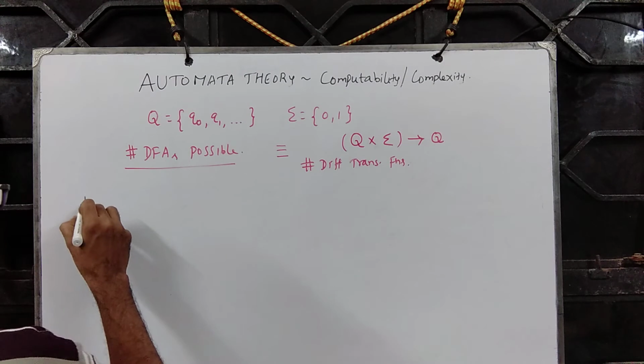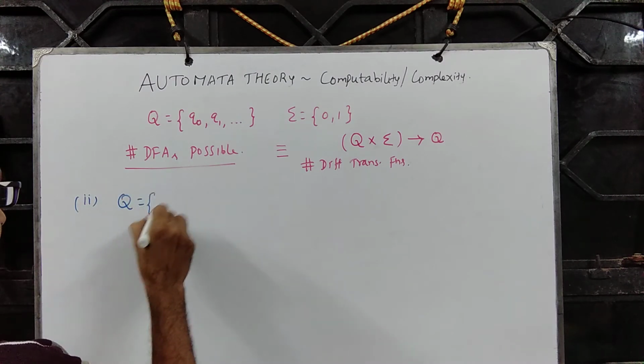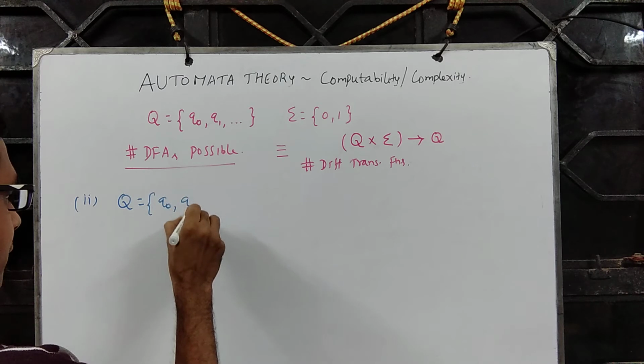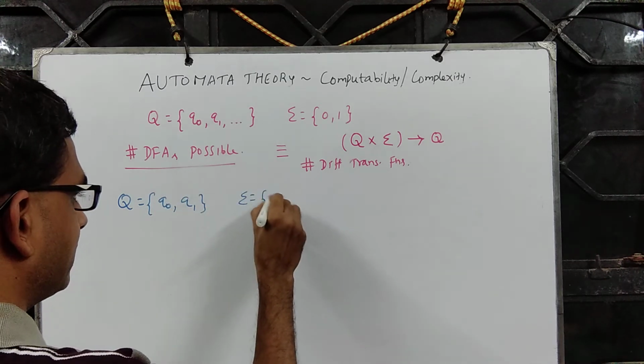Let's look at our second example where Q has Q0 and Q1, and sigma is just 0.